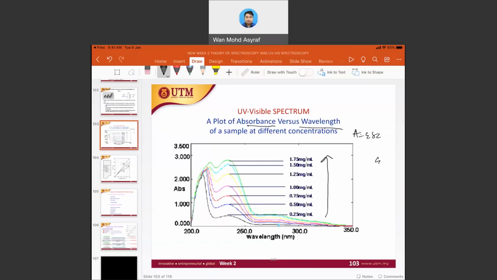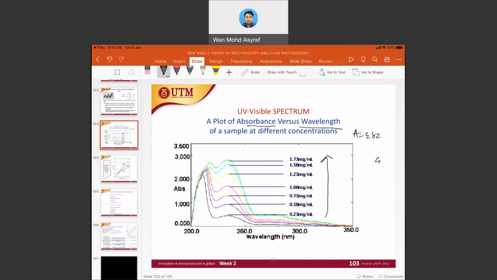Following on our previous lecture, we have learned about UV visible spectroscopy, and each of the instrumental parts in a UV visible spectroscopy. Now when you look at this slide, it shows a plot of absorbance versus wavelength.